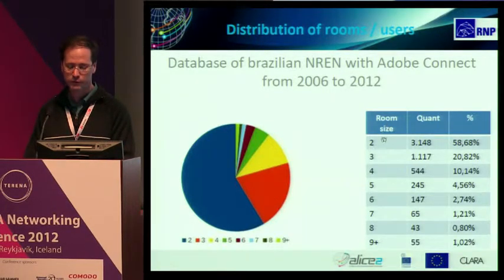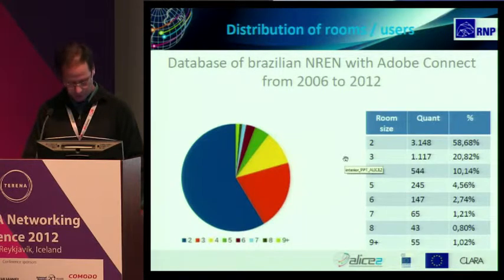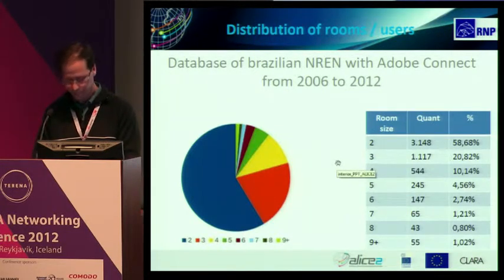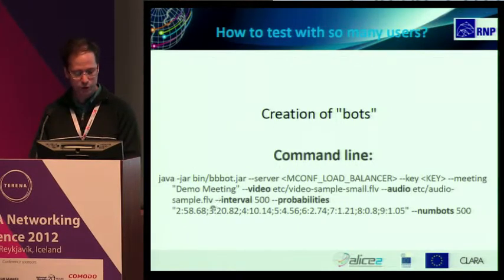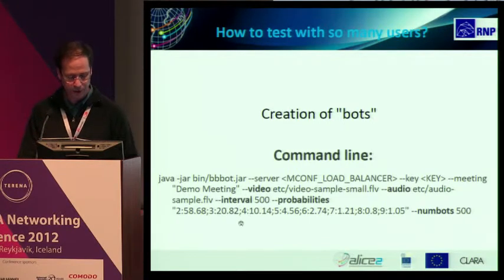The room size of 2 users is about 58%, 3 users 20%, and so on. So we used this distribution here: 2 users in the room, 58.68%, 3 users, 20.82%, and so on.